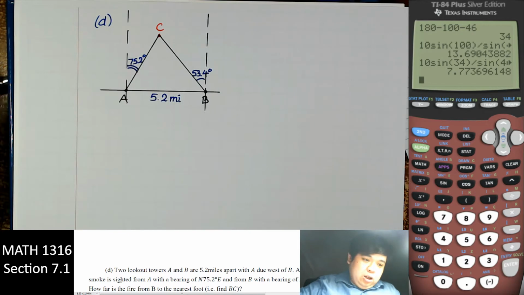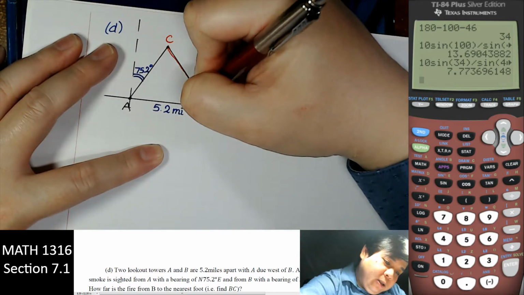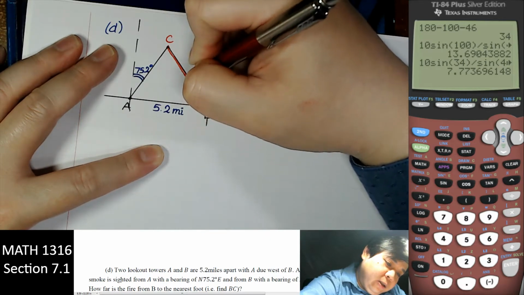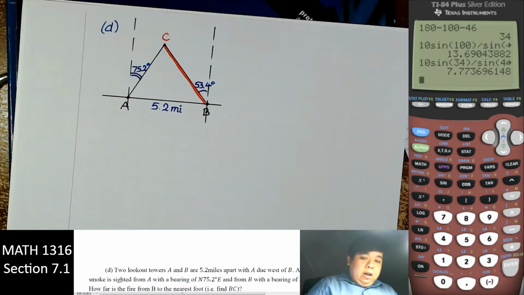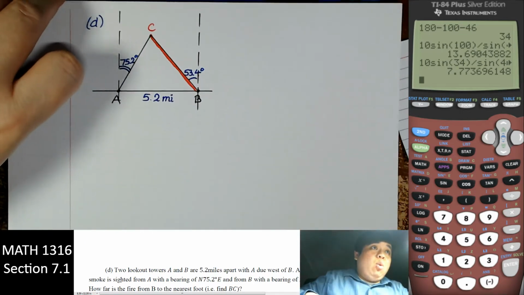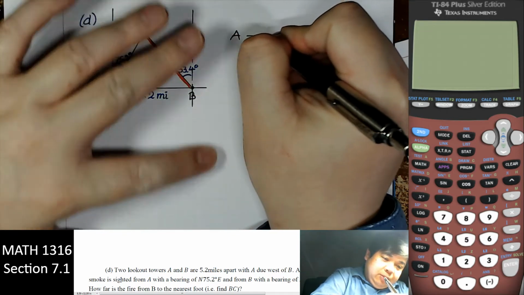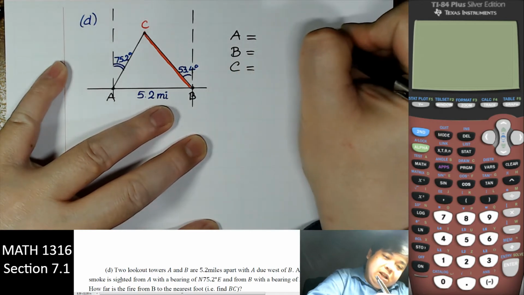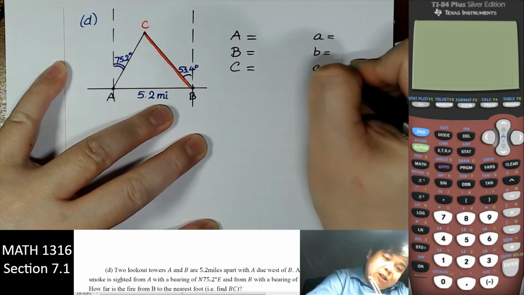So we were only asked to find this one. For triangle ABC, what we are given and what we need to find, try to summarize like this: little a, little b, and little c.